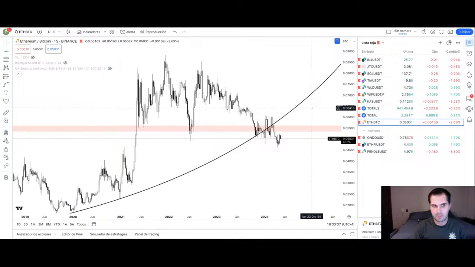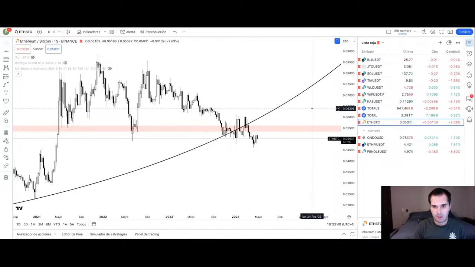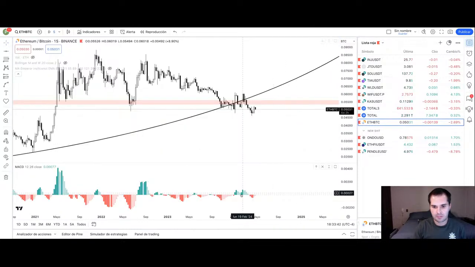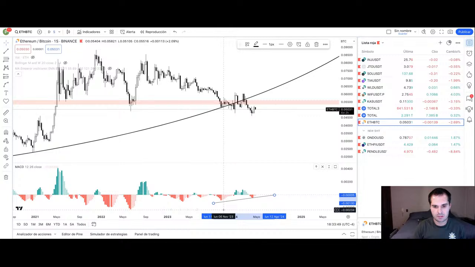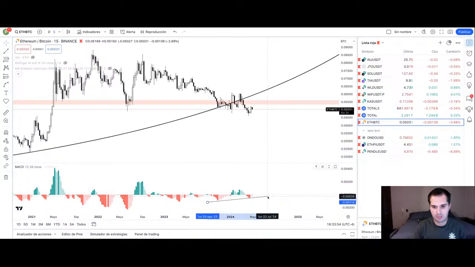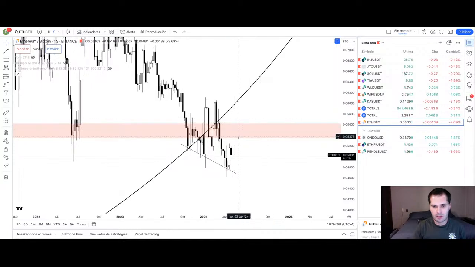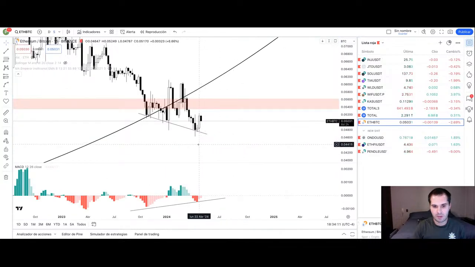ETH BTC trying to paint a bottom. Bullish divergence on the MACD. So who knows? Could play out. Just starting to play out maybe. Losing negative momentum still.